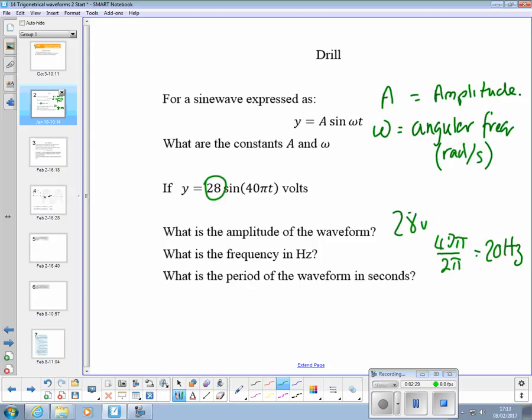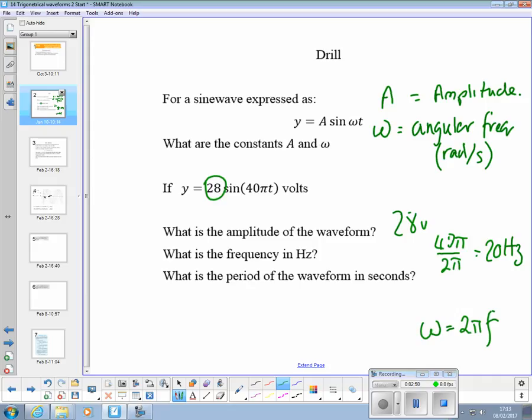Who said over 2 pi? Because, Adam, omega is equal to 2 pi f. Yeah, so you divide through by 2 pi. Alright? So in that function, omega is the bit that says 40 pi.